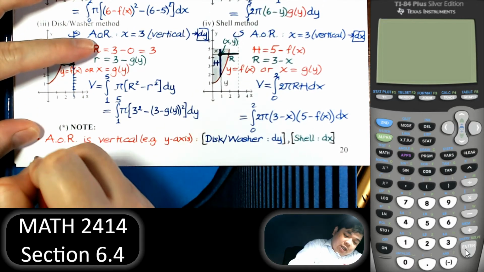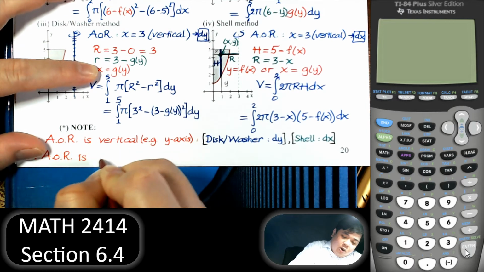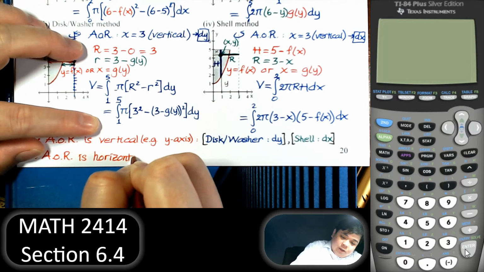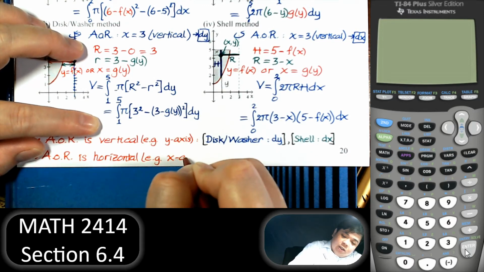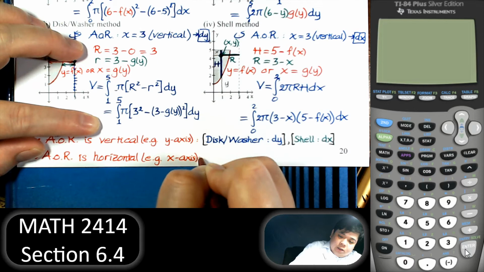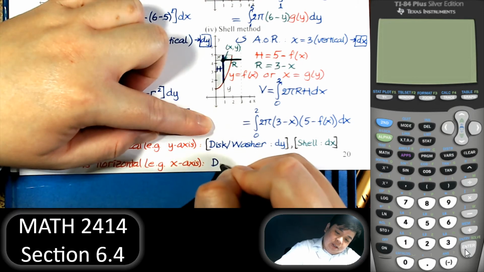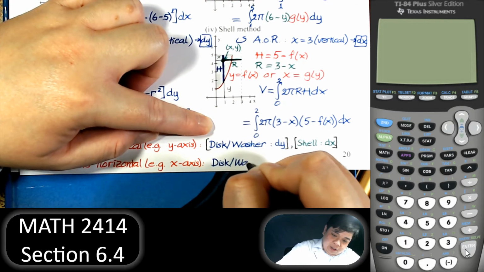Likewise, if the axis of rotation is horizontal, like the x-axis, the washer method is also horizontal.